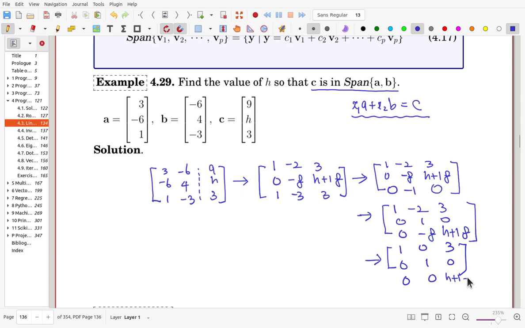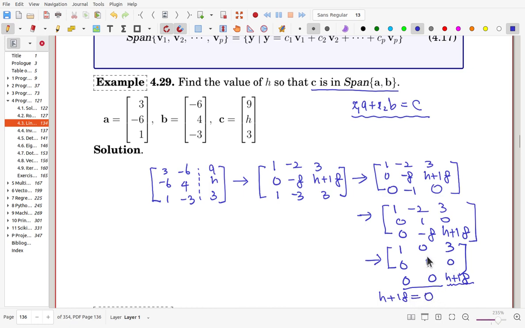This is h plus 18. Now, for this augmented system to have a solution, this is 0, it must be 0 also, right? So that h plus 18 must be 0.